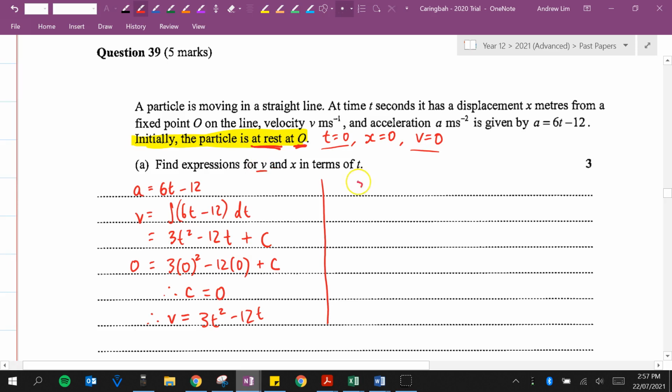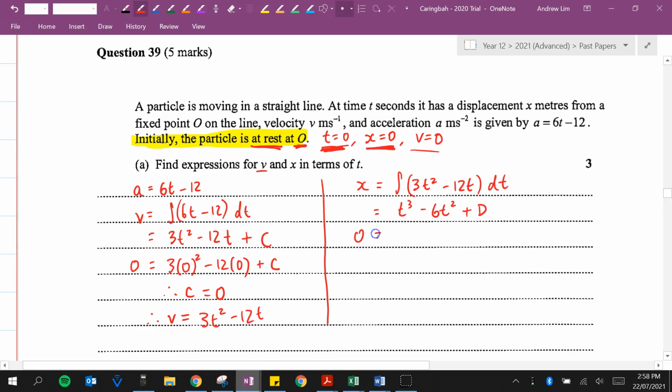Now, in order for us to work out displacement, we need to integrate the velocity with respect to t. So what do we get when we integrate this? We get t cubed minus 6t squared. I'm going to write plus d, okay, because we've already used c as a constant. And now, when t is 0, x is 0, because it's at the origin.